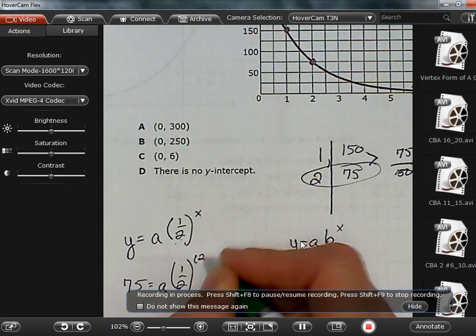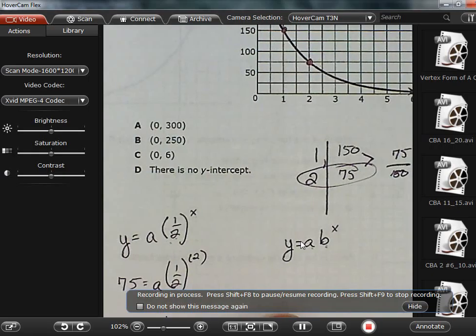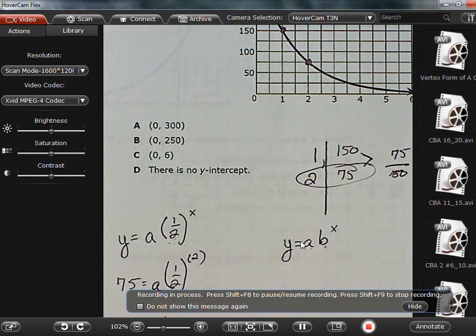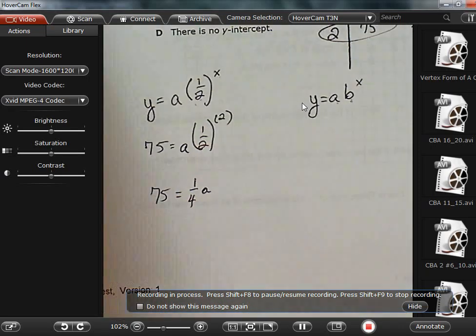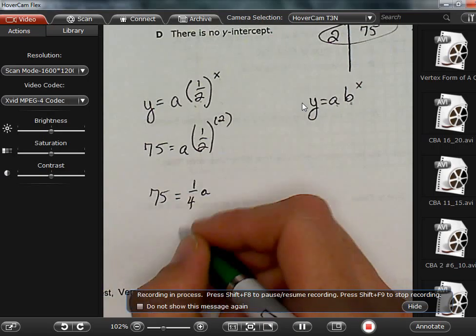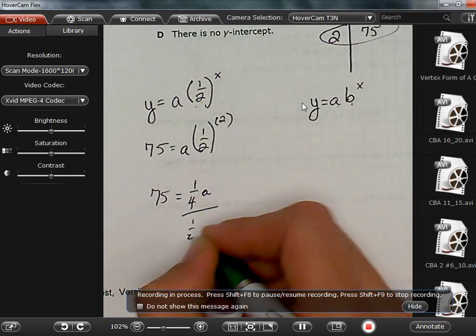What is 1/2 squared? 1/4. So 1/4 a is equal to 75. How do I get the a by itself? It's attached through multiplication. So divide by 1/4. It's gone.